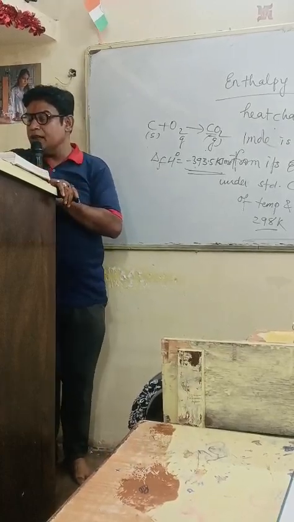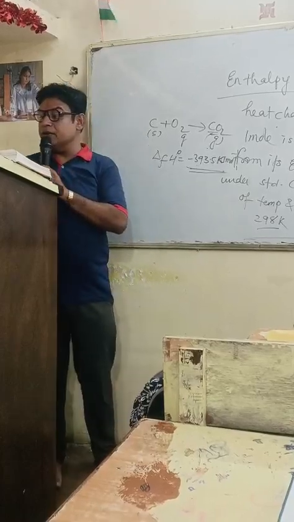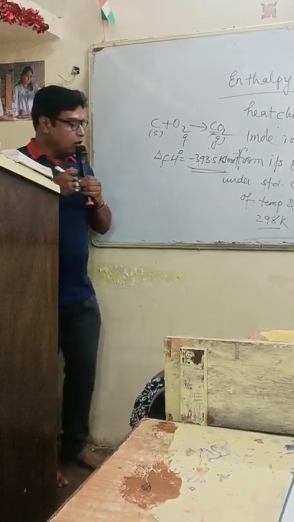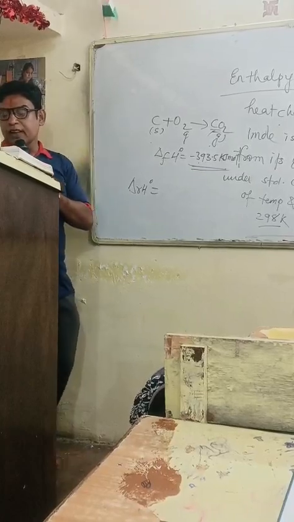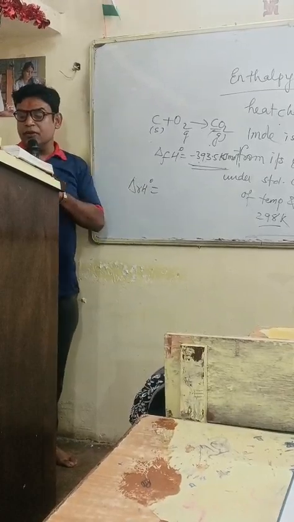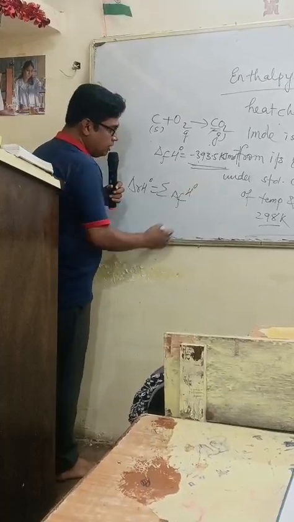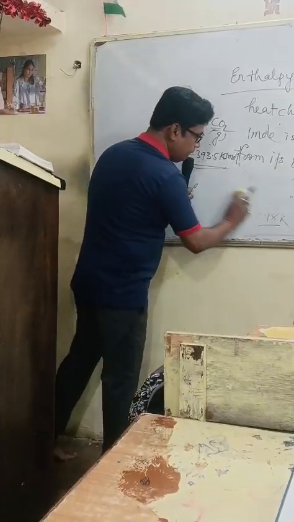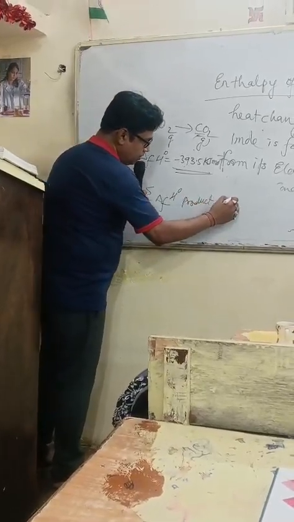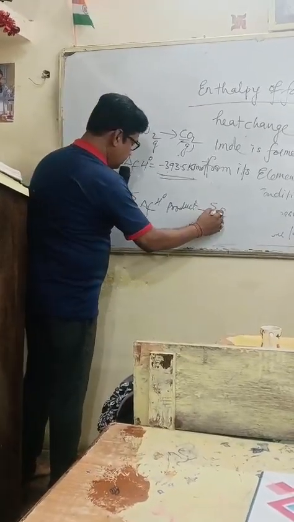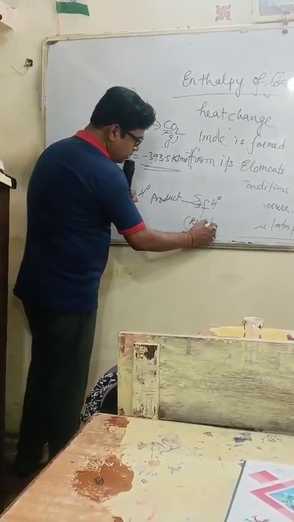As I told you, using the standard enthalpy of formation of different compounds, you can calculate the standard enthalpy change in any chemical reaction. How will you calculate? ΔrH° is equal to the summation of ΔfH° of the products, minus the summation of ΔfH° of the reactants.